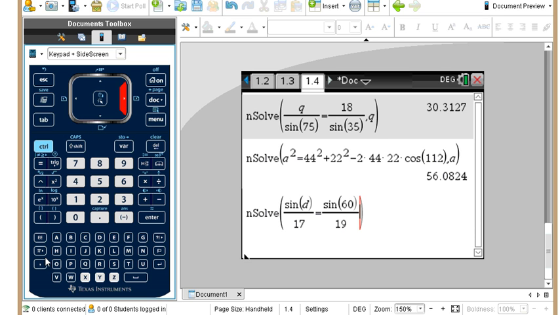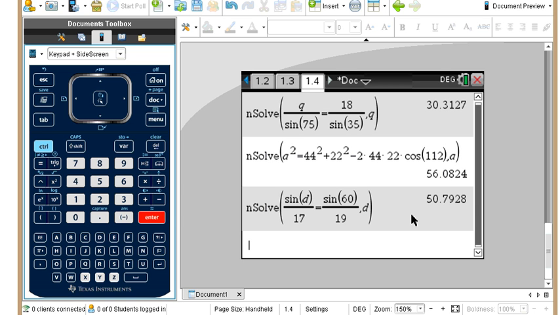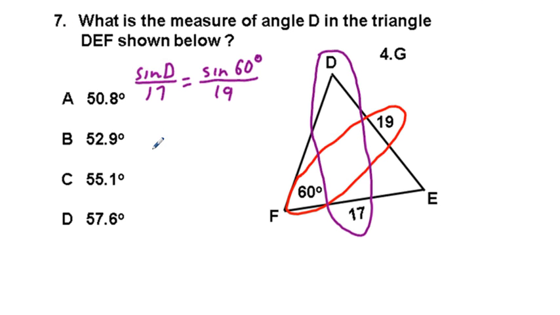We press comma D, indicating we're solving for D. We get 50.8 degrees, rounded to the nearest tenth. So D is 50.8 degrees, and our answer choice is A.